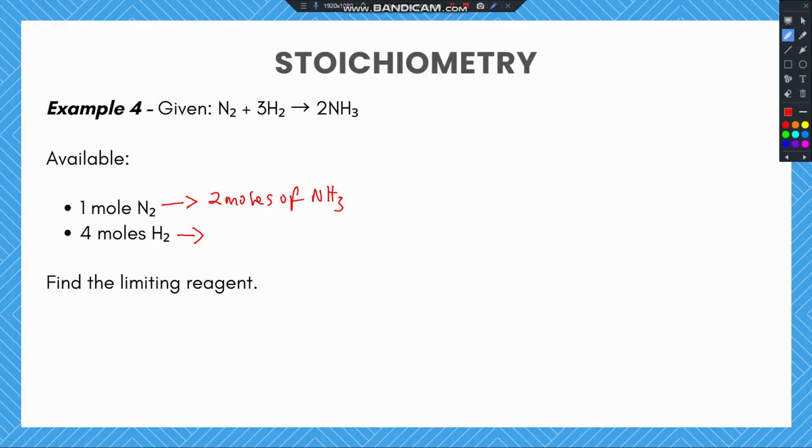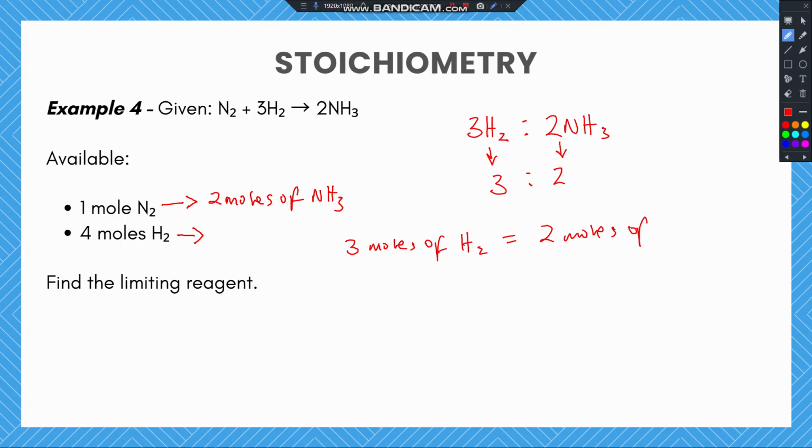So from the equation, you can see we have 3H2 and 2NH3. So that gives us the mole ratio 3:2. What this means is 3 moles of hydrogen produces 2 moles of ammonia, 2NH3.